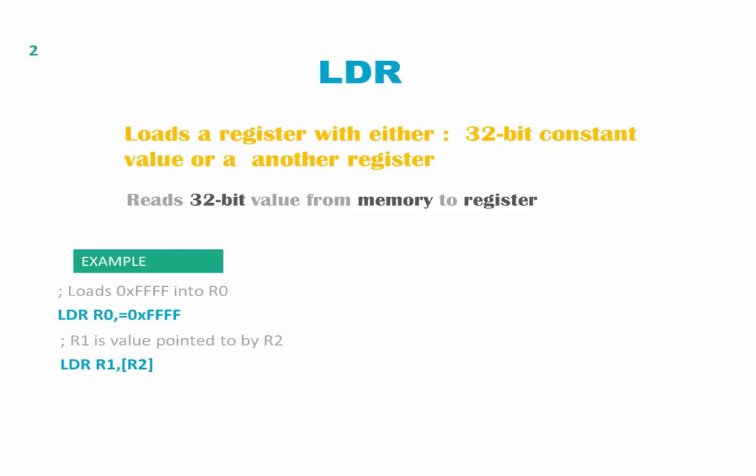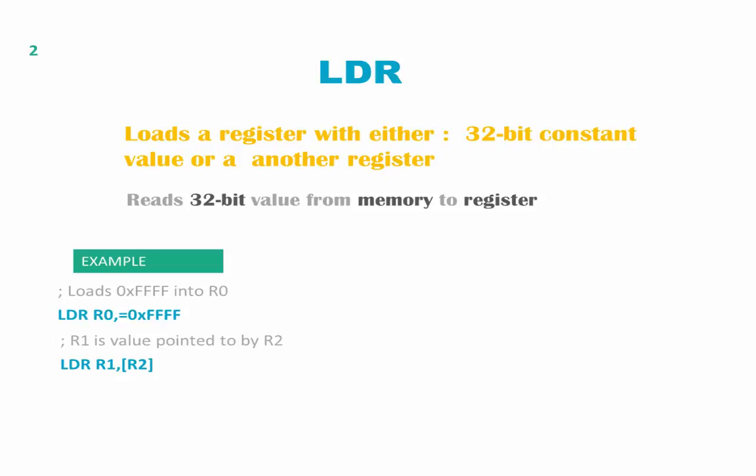So what this means is that R1 is the value pointed to by R2. The instruction load R1 square bracket R2 means point R1 to the value contained in R2. Let's say R2 contains the value 256. Then R1 starts pointing to 256, and yes, I know I said 256.